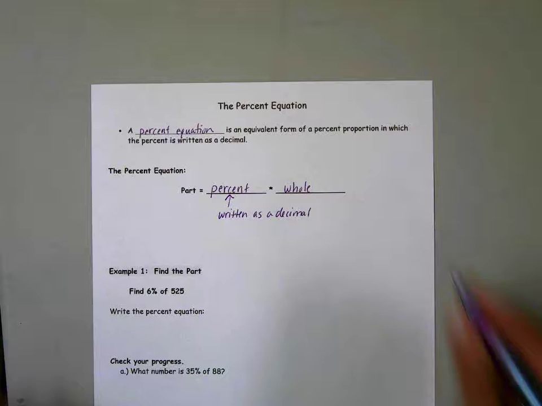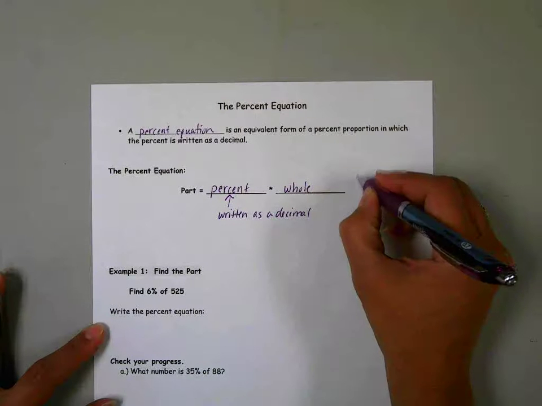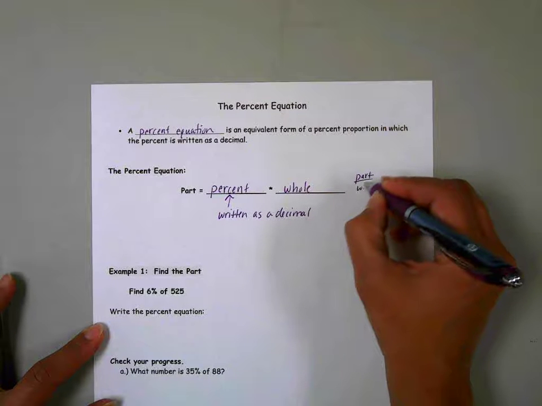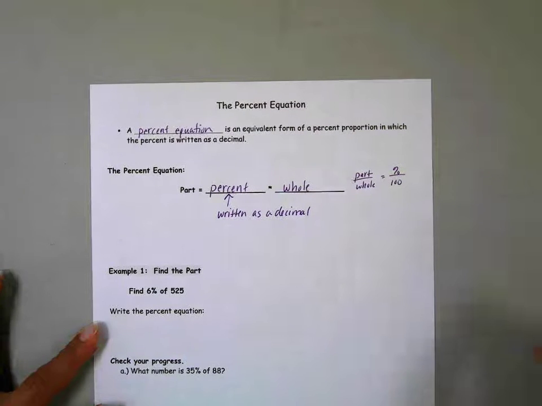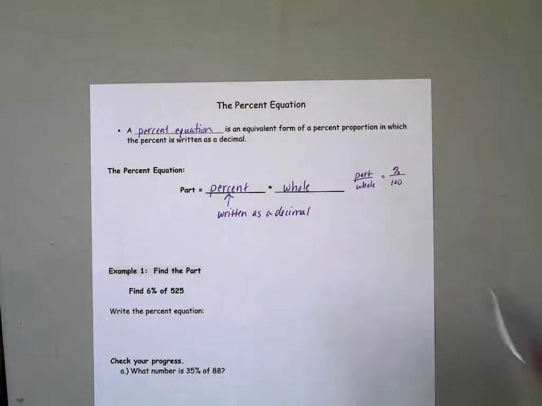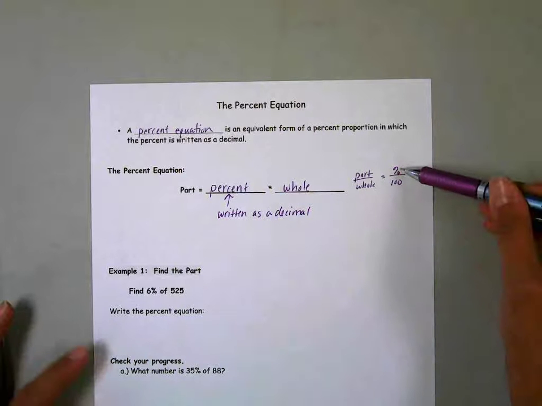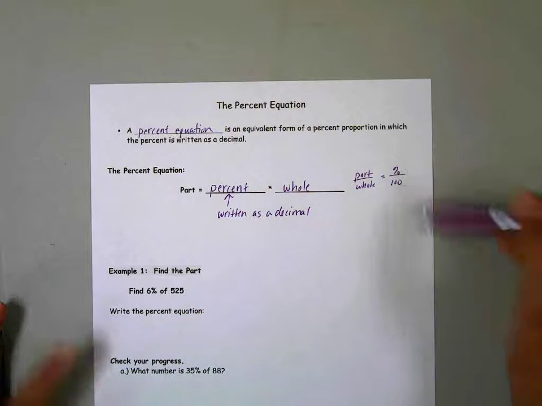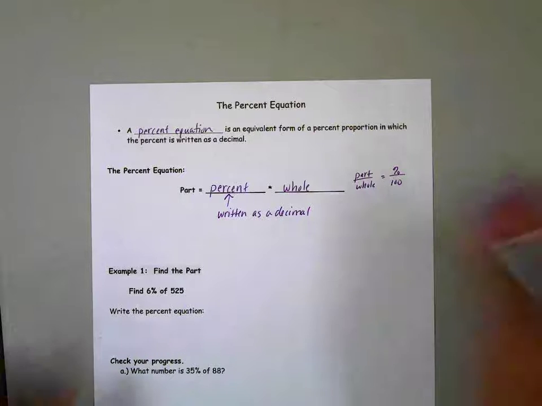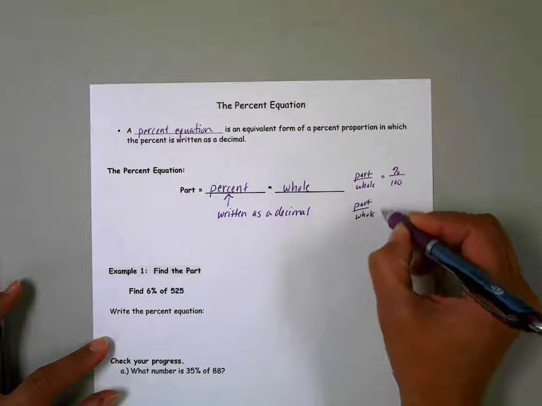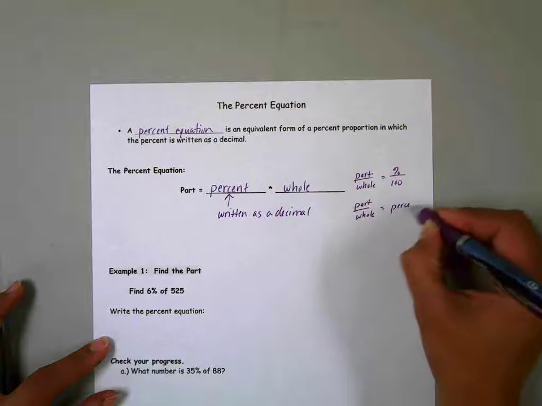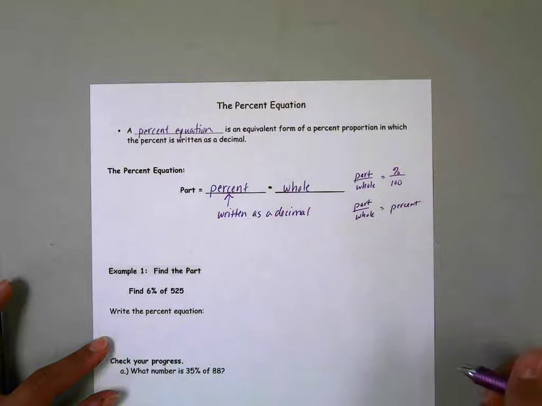So when you look at the percent proportion, we have part over the whole equals percent over 100. And if we were to divide the percent by 100, that would give us a decimal. So that would look like part over whole equals the percent, and that would be decimal form.